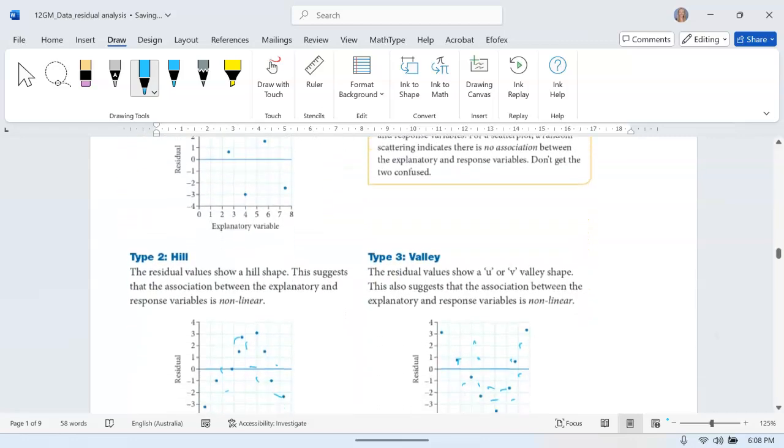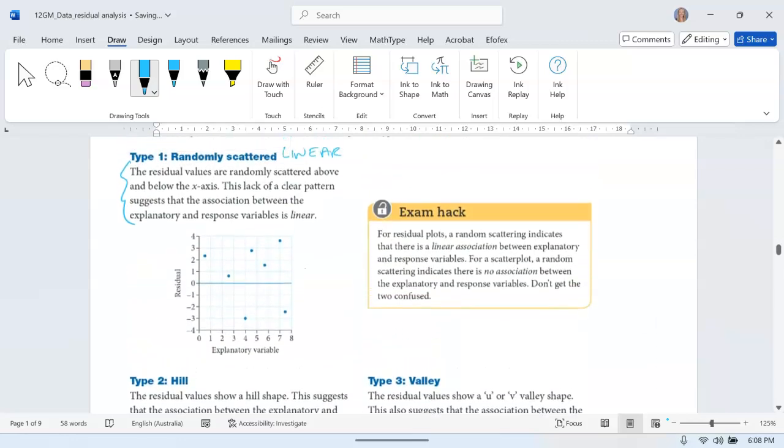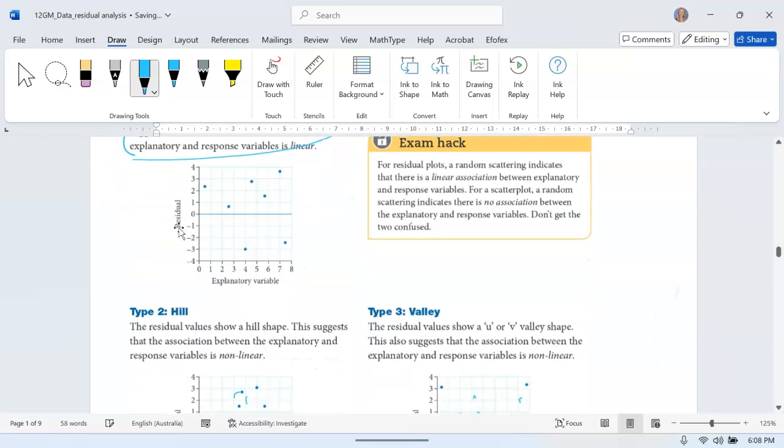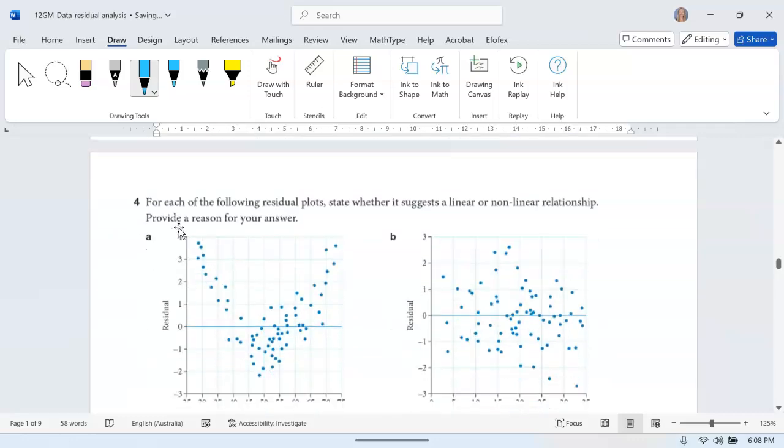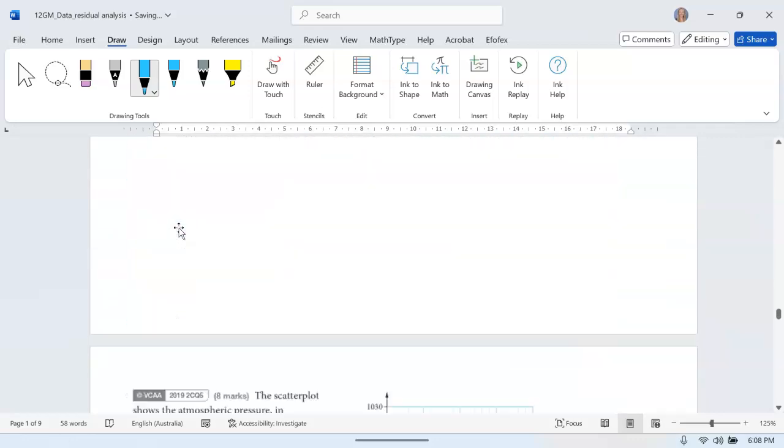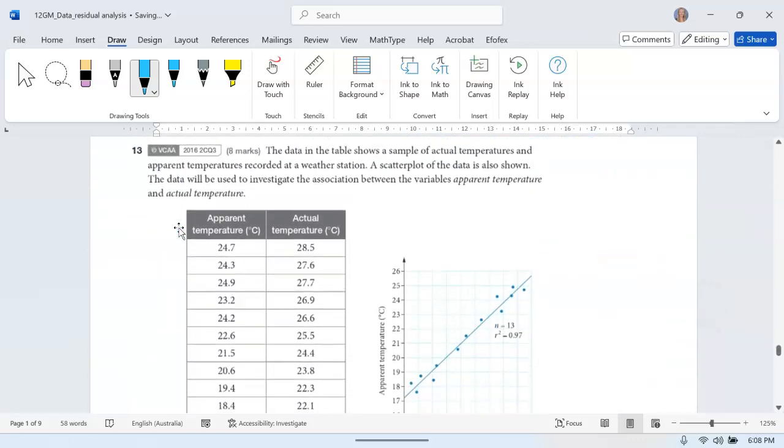If not, I would just say the opposite of what we've got here. You could say a pattern, a clear pattern, and not randomly scattered. So you just got to be able to interpret that. All right, let's move on to the next question.